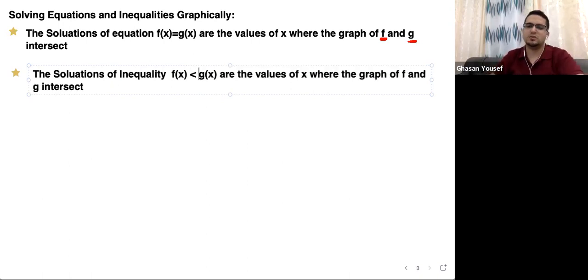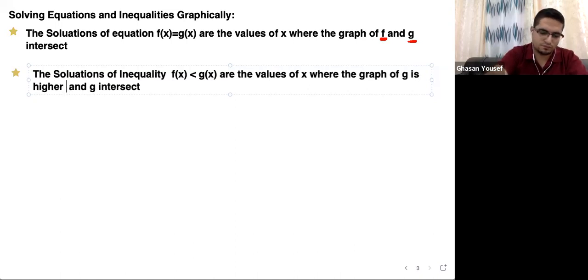This is an inequality because we're using less than, greater than, less than or equal, or greater than or equal. The solutions are the values of x where the graph of g is higher than the graph of f.